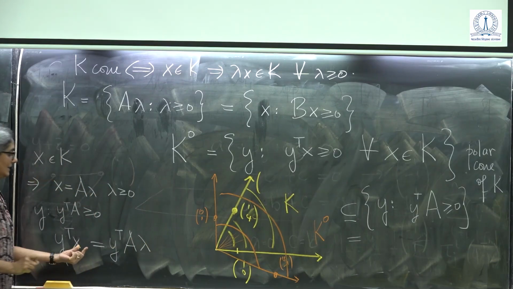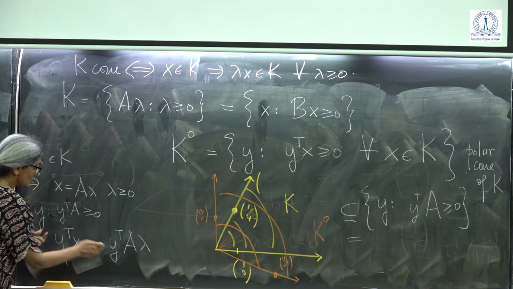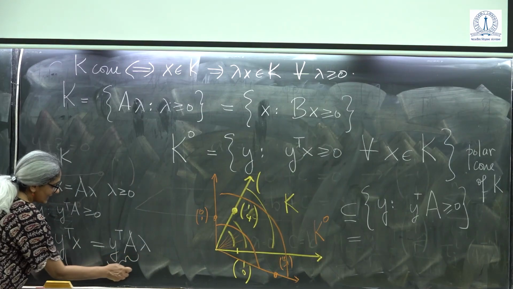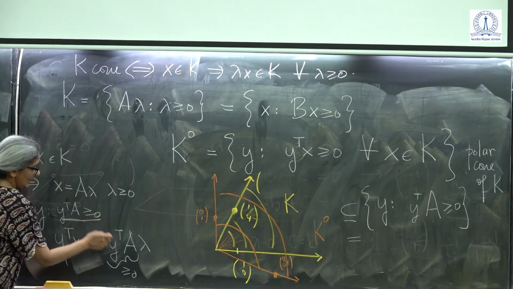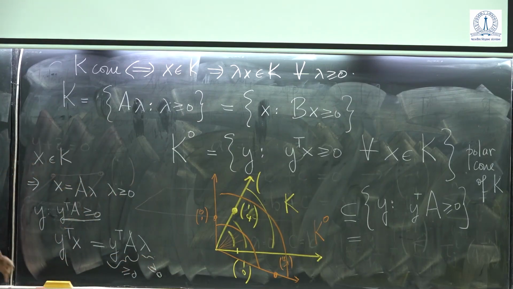Lambda is non-negative, and Y transpose A is non-negative from here. What happens when you inner product those two together? Lambda is a column vector, Y transpose A is a row vector. You have a non-negative row vector dotted with a non-negative column vector, so this will definitely be non-negative.